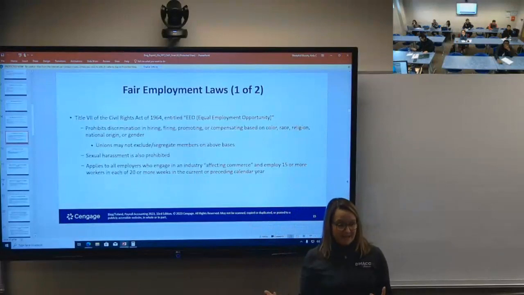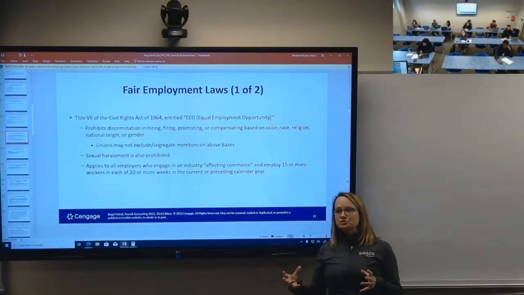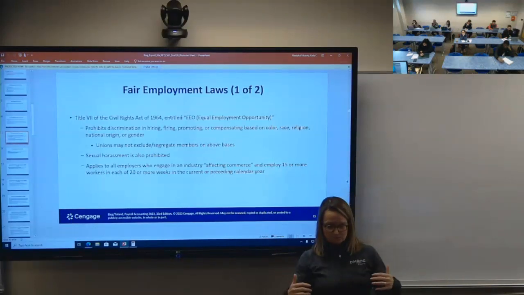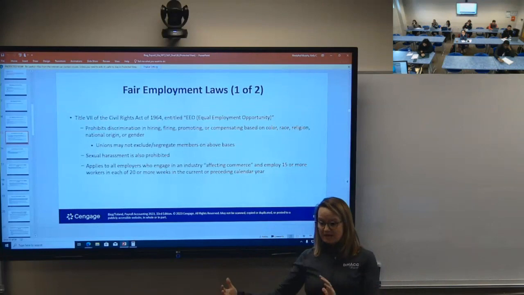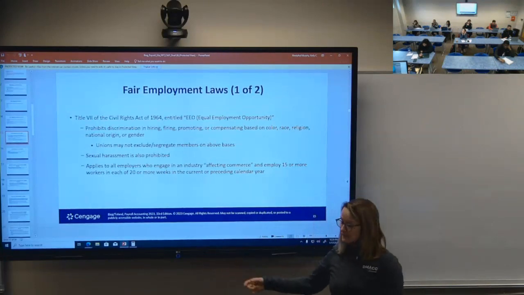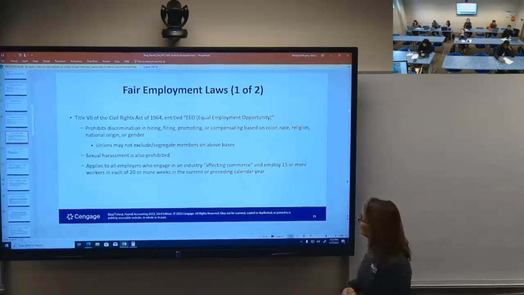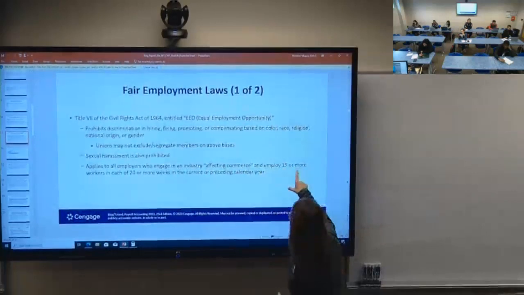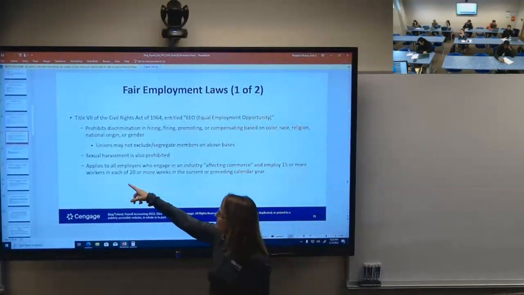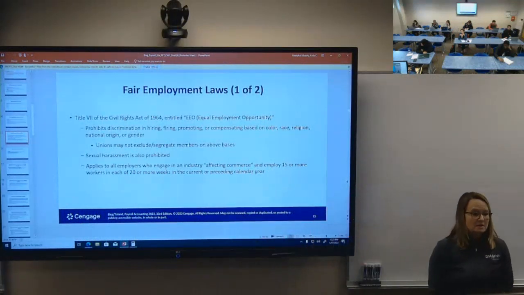The federal government doesn't have a whole lot of ability to enforce laws unless there's some sort of interstate commerce going on. Other than that, if there's no interstate commerce, state laws would apply. Just kind of a weird aspect of our federal system. But they have to affect commerce, and employ 15 or more workers in each of 20 or more weeks in the current or preceding calendar year.